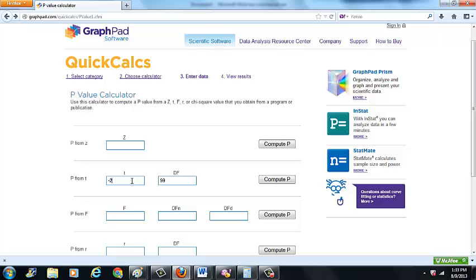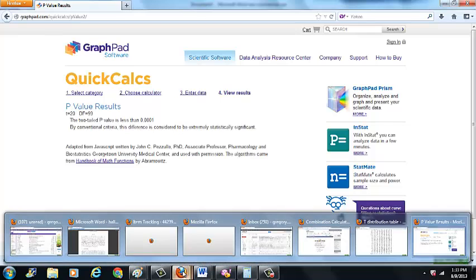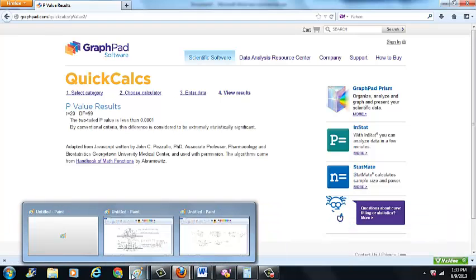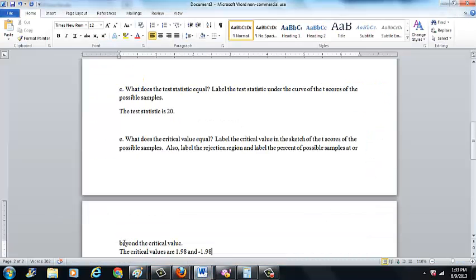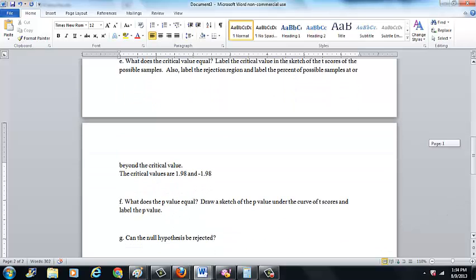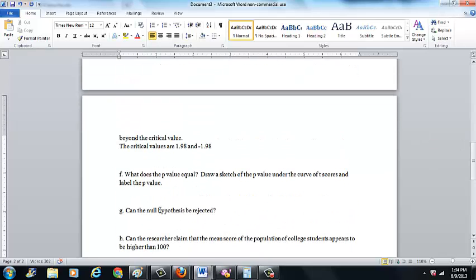We type in 20 and 99 degrees of freedom, and we get less than 0.001. So the p-value is less than 0.0001.